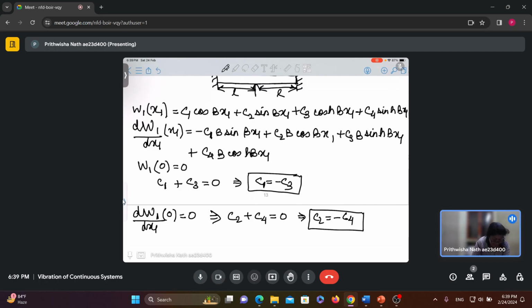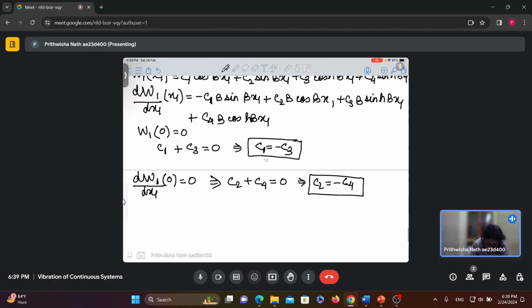Now what I do, I write this entire equation of w in terms of C3 and C4. Since we know that C1 equals minus C3 and C2 is minus C4, I'll just substitute minus C3 in place of C1 and minus C4 in place of C2.